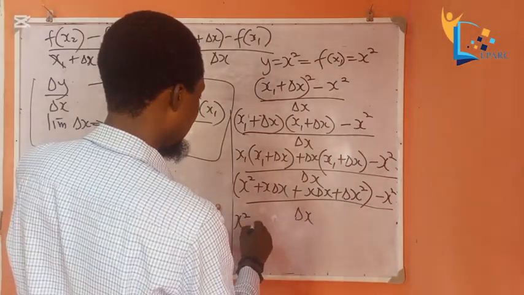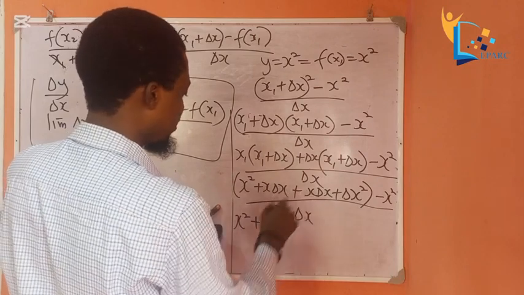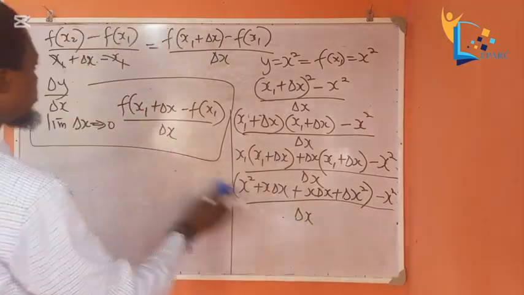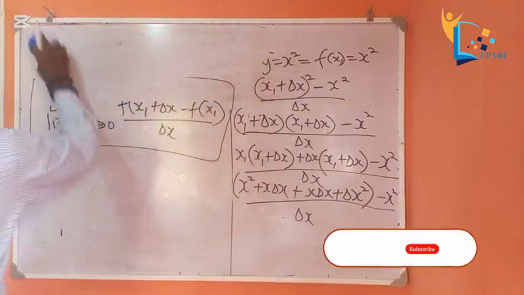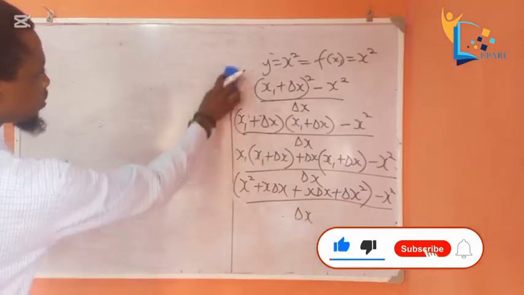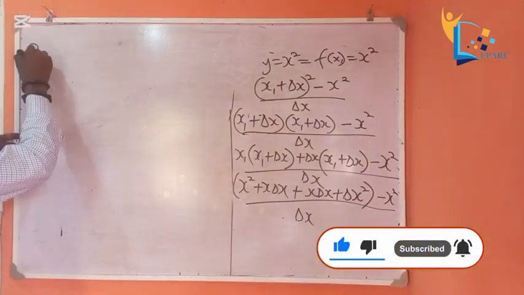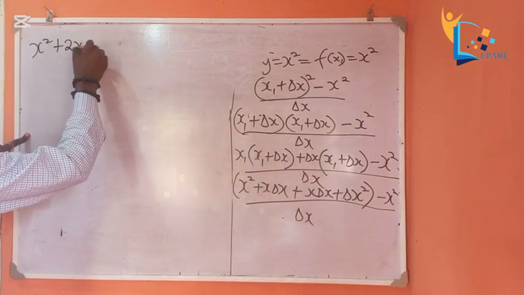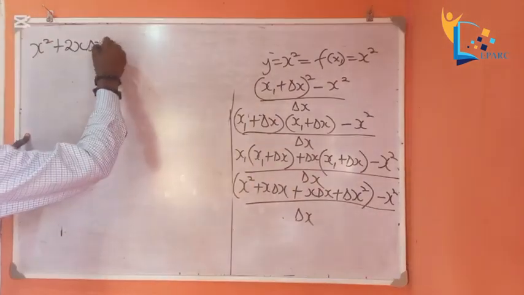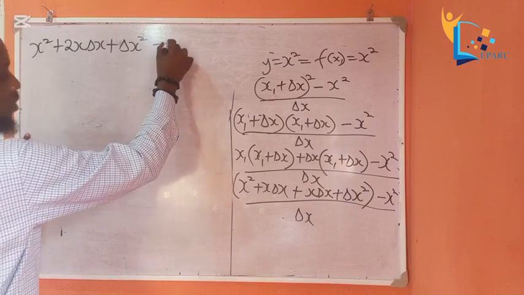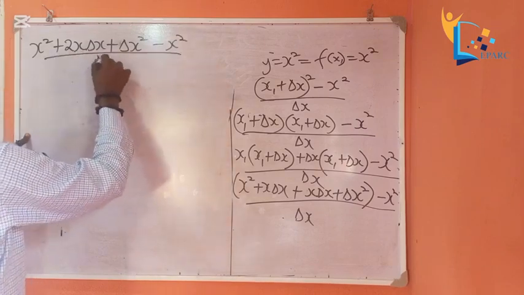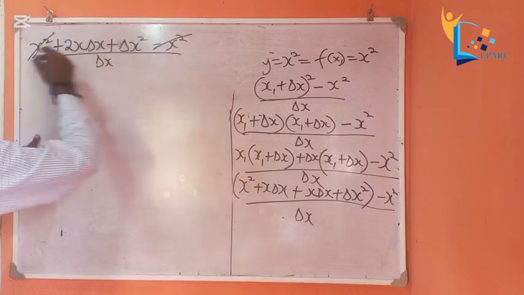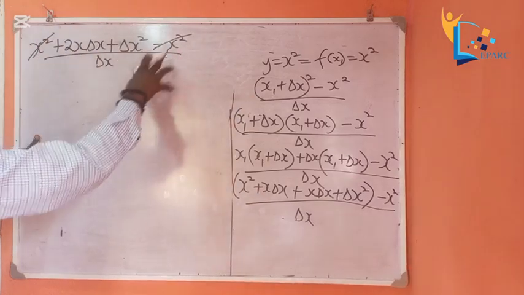Now, we have x squared, plus x delta x plus x delta x will give us 2x delta x, plus delta x squared, minus x squared all over delta x. So x squared minus x squared will strike off each other.